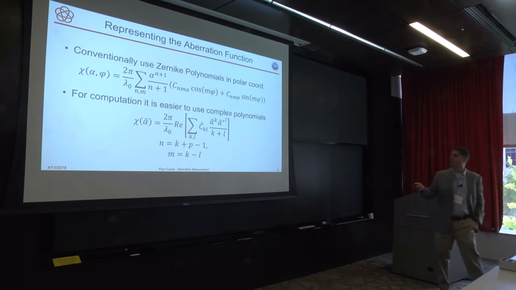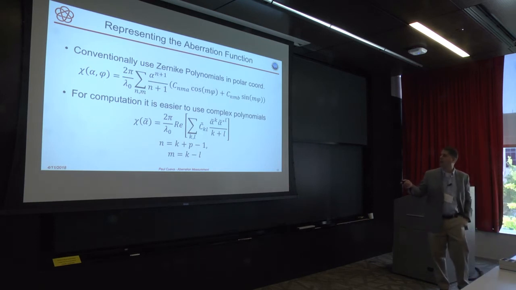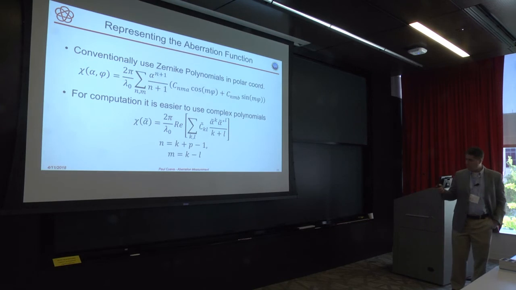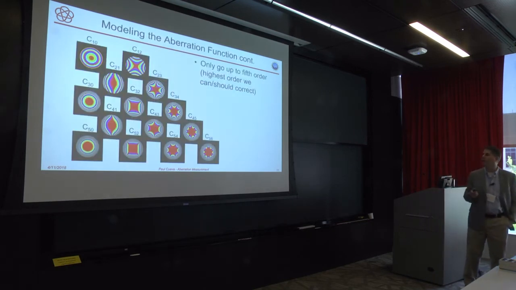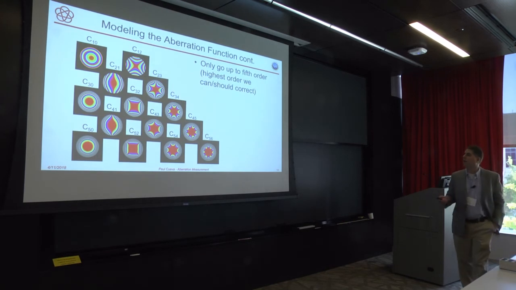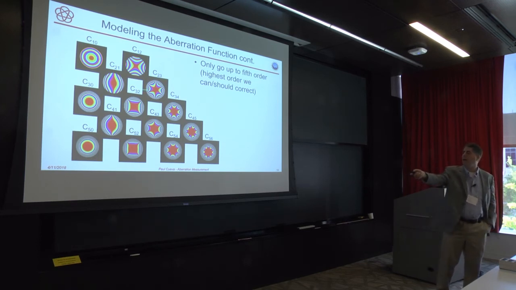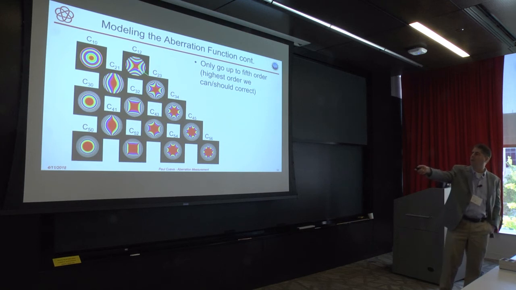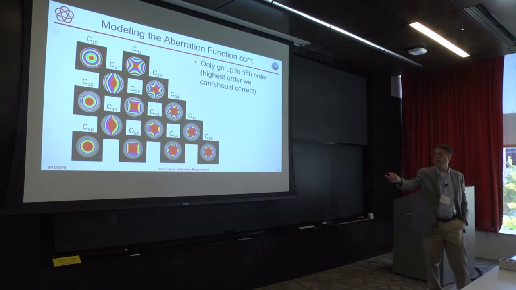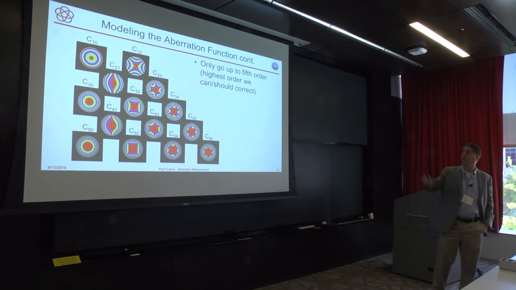All I want to point out is it's a power series expansion where I have these multipole-like polynomials times a spherical harmonic-y thing, if you like. And so the aberration coefficients are labeled by the polynomial, how many zeros it has going out, and how many nodes it has as I go around an angle.